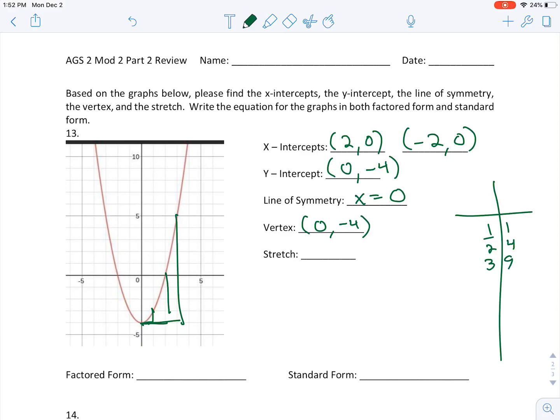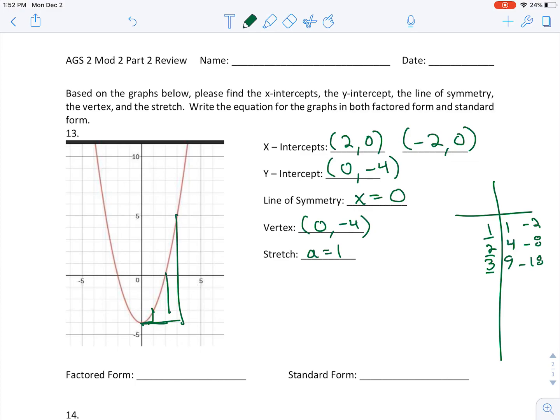So remember, if this number is just getting squared, a is equal to 1. If these numbers doubled, like 2, 8, 18, a would be 2. If it went to -2, -8, -18, a would be -2.